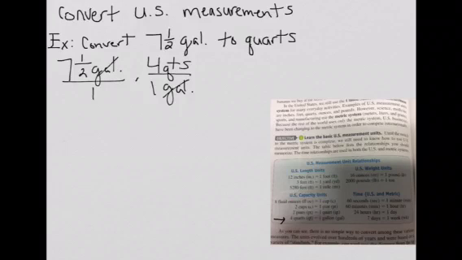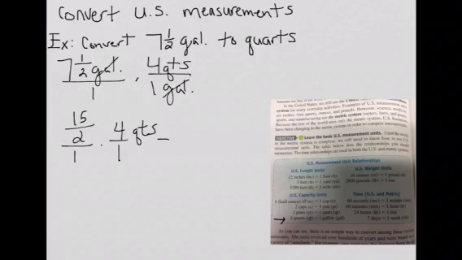Okay, if you want to make this an improper fraction, you can. That's just 15 over 2 over 1 times 4 over 1 still. And we know gallons and gallons cancel, so we're just left with quarts on the right side.